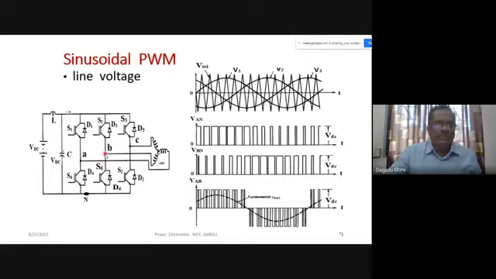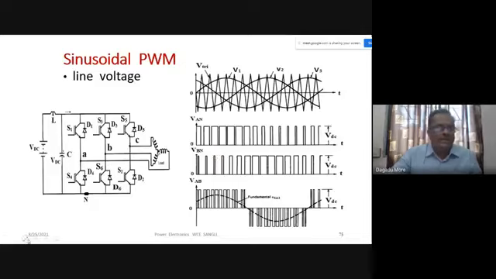Similarly, for leg 2, our VBN will be a positive VDC when S3 is on, and VBN will be 0 when S6 is on. Once you know VAN and VBN with a common point, VAB in a very straightforward way will be VAN minus VBN.